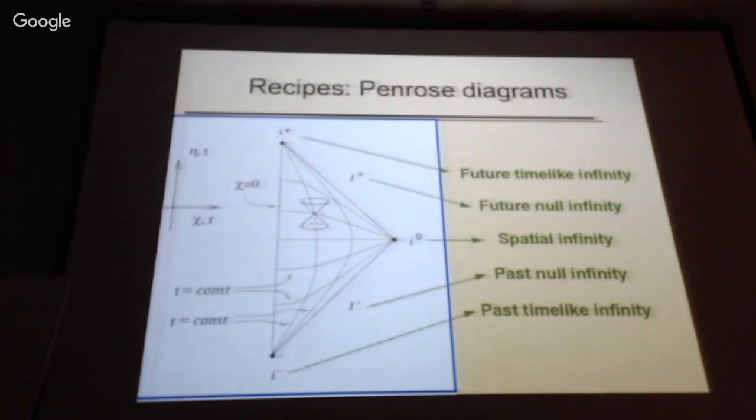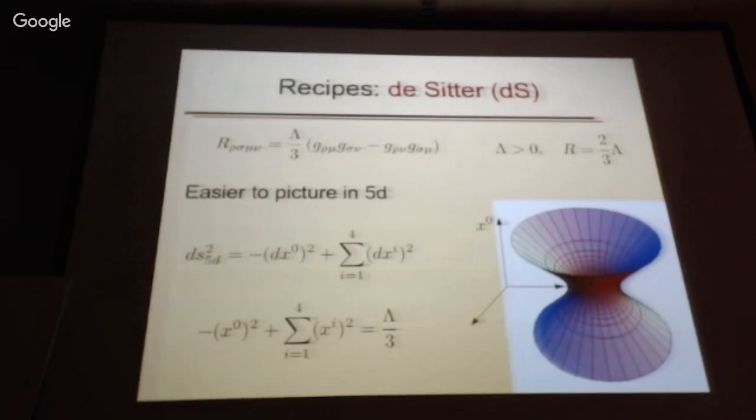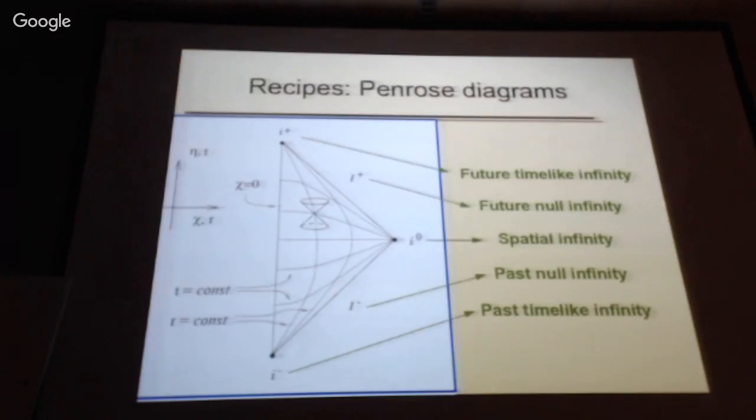I plus is simply spatial infinity. And we have the same, scri minus and I minus, which are equivalent to I plus and scri plus, but taking time to run backwards. So they are just the past. That is the way to visualize flat space in this compact way.